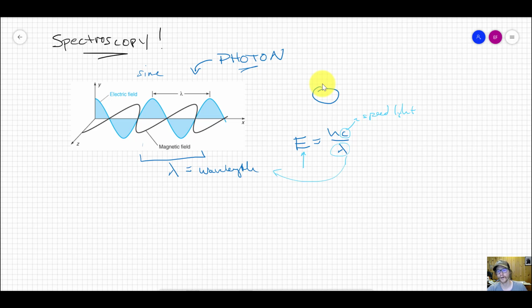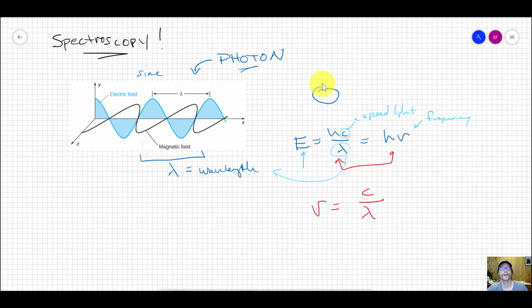We know that this could also be written as E equals h nu. That nu is the Greek letter nu, which is the frequency of light. And we can think of the frequency of light simply by comparing these two. We could algebraically deduce this, but the frequency of light is just the speed divided by its wavelength. That's probably pretty intuitive, but it comes out of this as well.